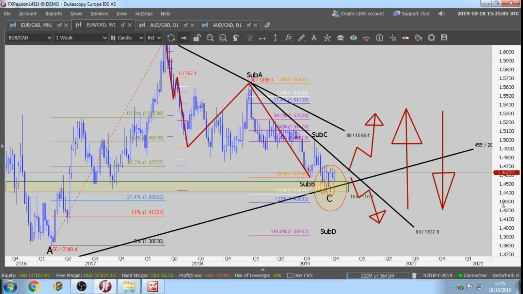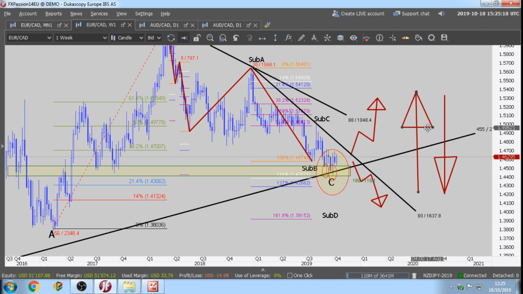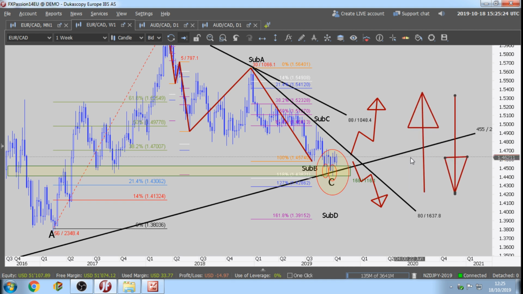Agreed? I have 4 reasons to go long and I have 2 reasons to go short. So if I'm just counting 1 plus 1 plus 1 plus 1, well, the long bias wins, right?